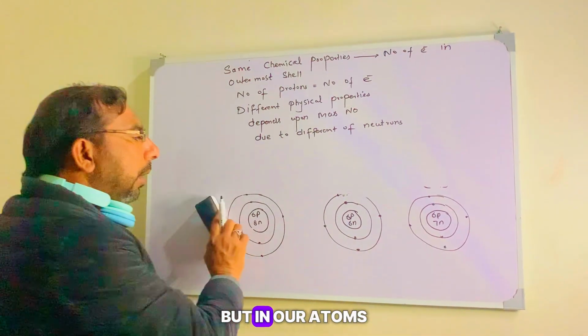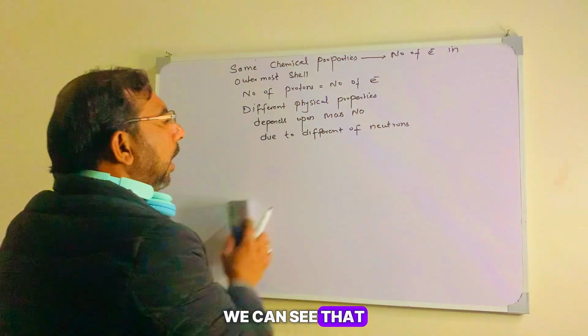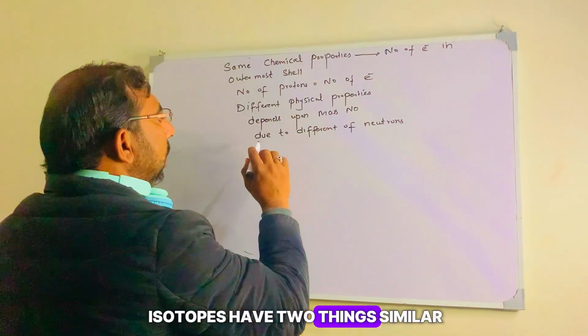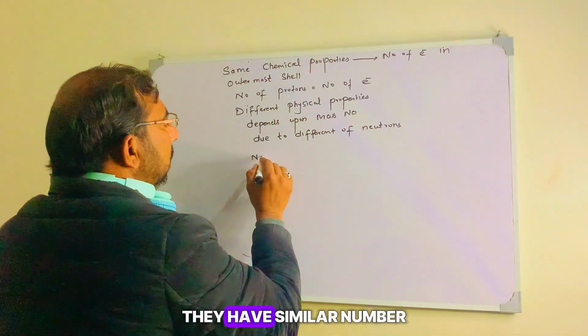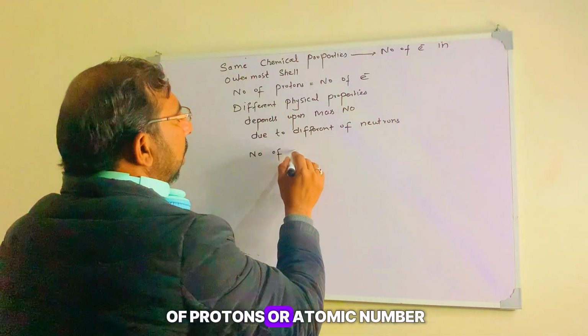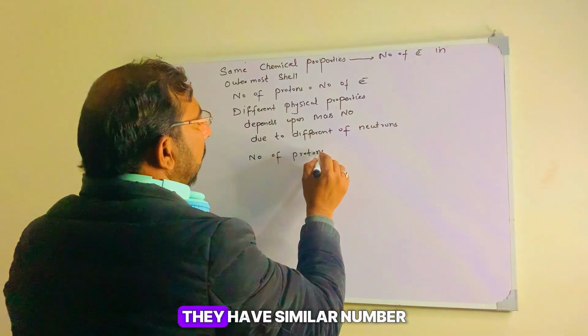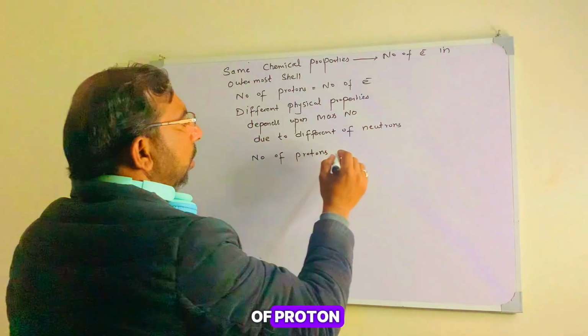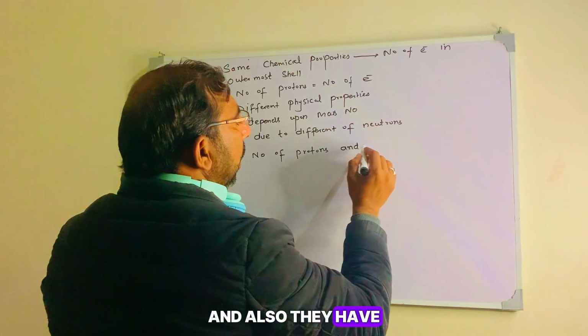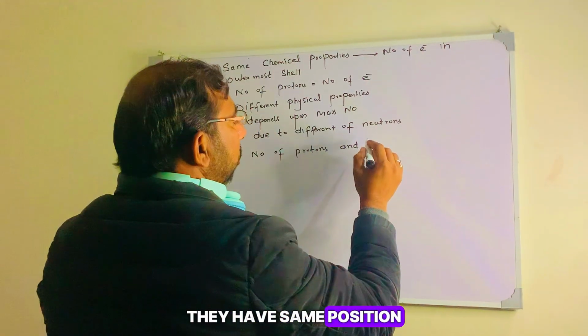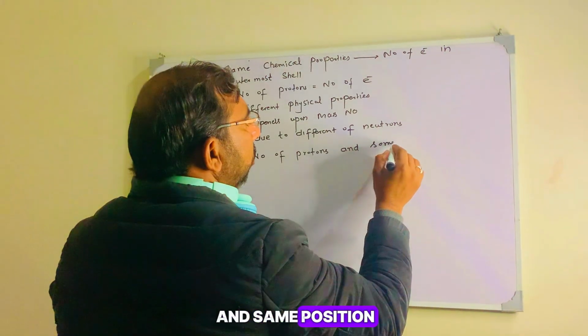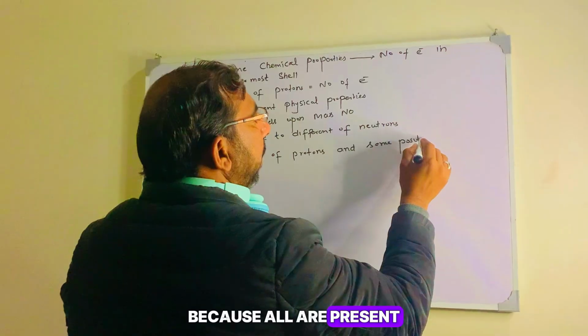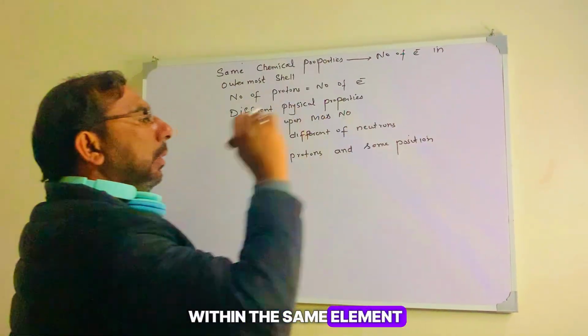But at most, we can see that isotopes have two things similar. They have a similar number of protons, or atomic number, and they also have the same position, because all are present within the same element.